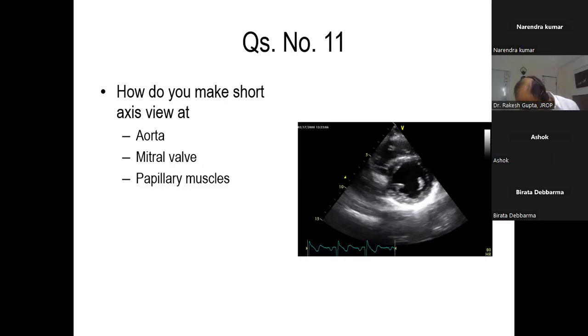It is at the same level as the plax, at the left intercostal space, and from there I'll angulate or slide the probe. At the level of the aorta, I'll see the aortic valve like the Mercedes design. At the level of the mitral valve, I'll see the two leaflets of the mitral valve.